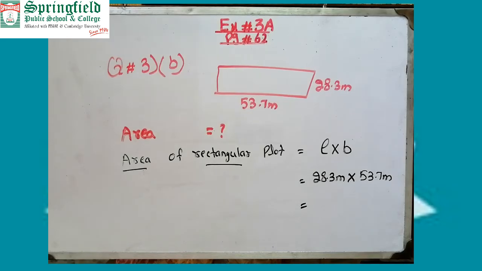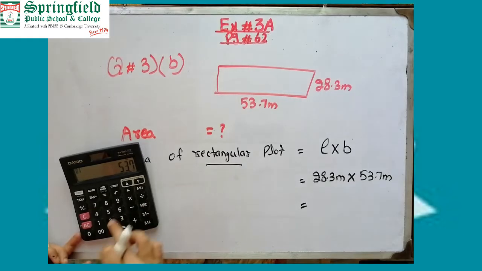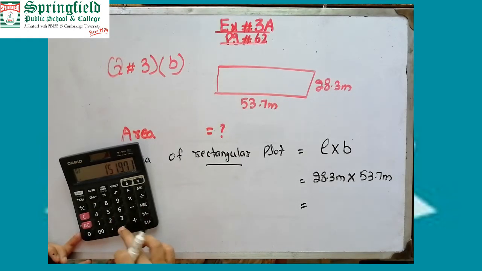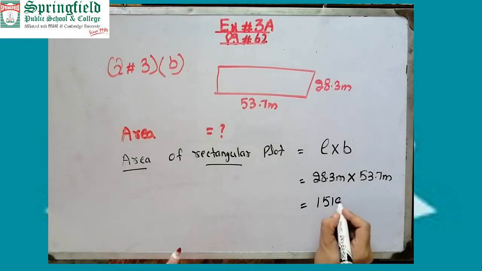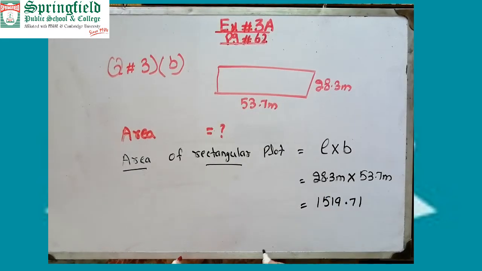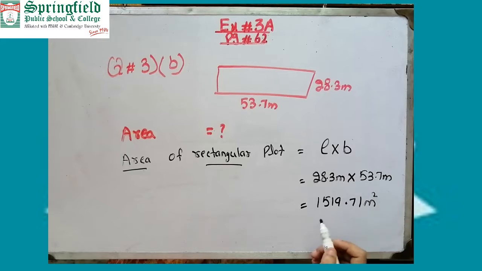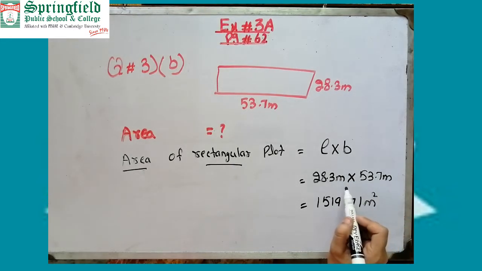Now multiply these two numbers. And what will be the answer? 53.7 multiply 28.3. 1519.71. Fine. Meter square. It will become square. Why? Because during the multiplication the power will add.